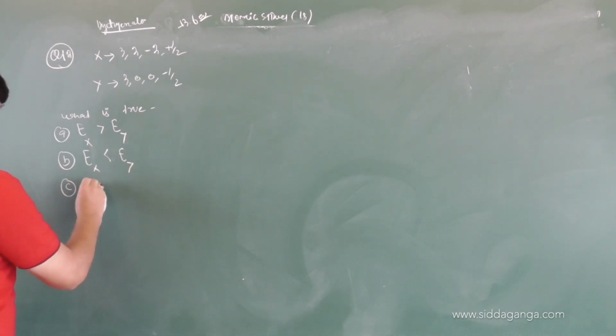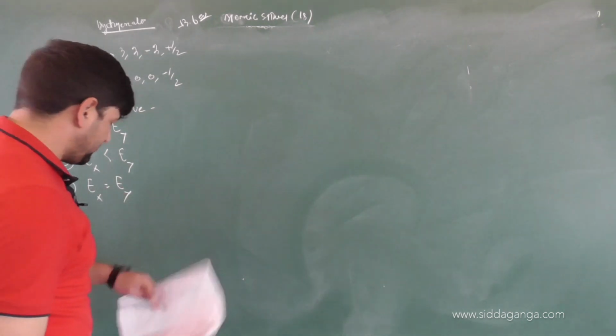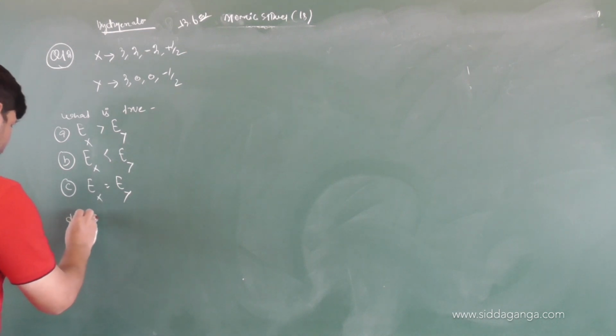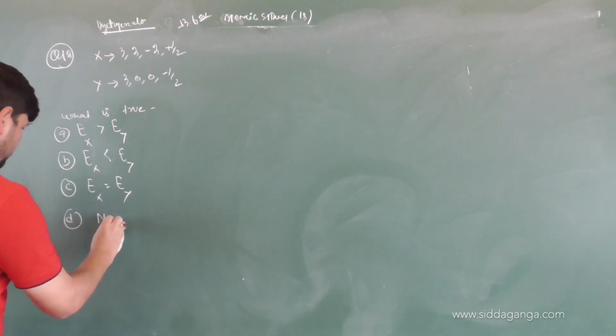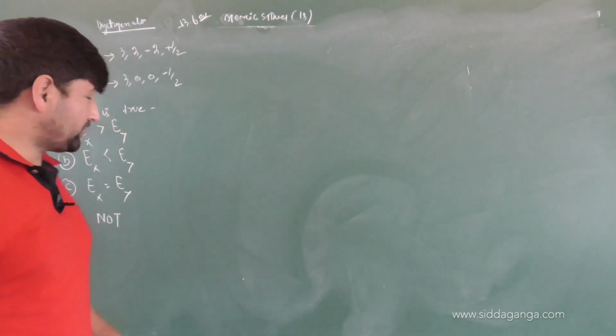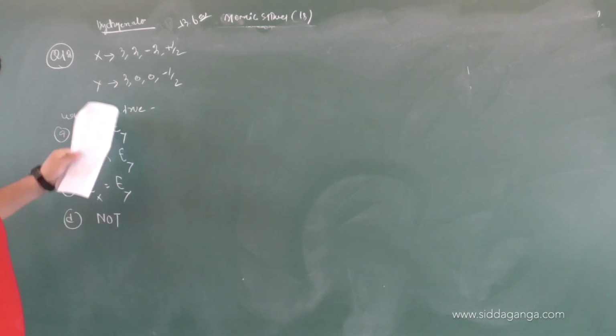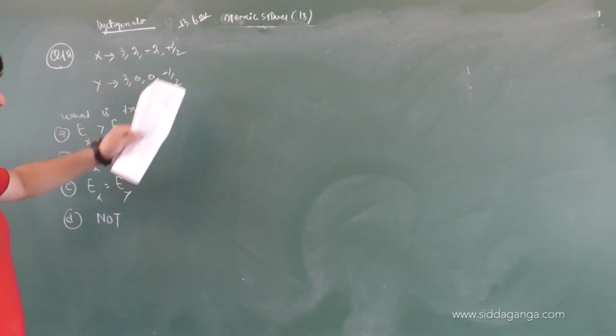Option C, energy of x equals energy of y. And option D is none of these is correct. Read the question. x is 3, 2, minus 2, plus half and y is 3, 0, 0, plus half.